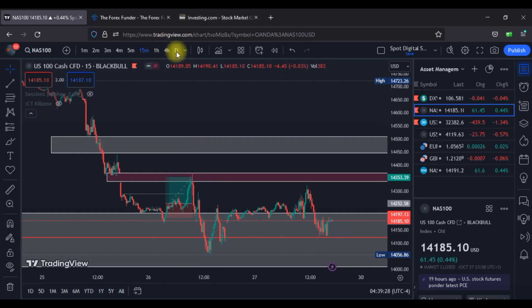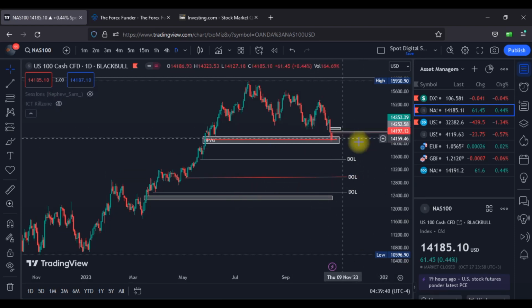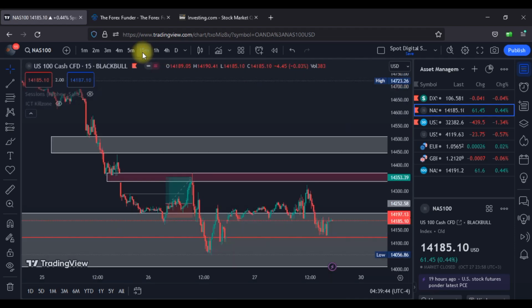I can see clearly that there's a fair value gap below. Remember this daily fair value gap that we outlined here? So I was eyeing that if price taps into it, at least we'll be able to see some reactions.